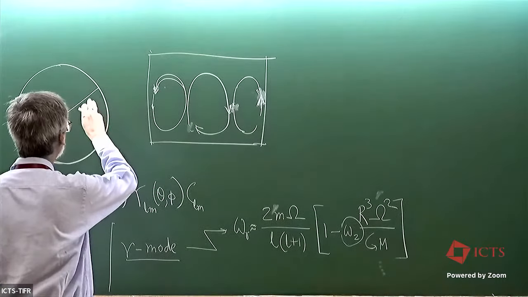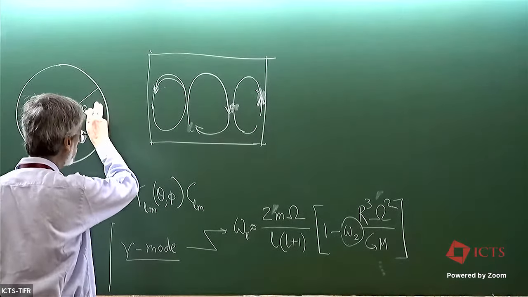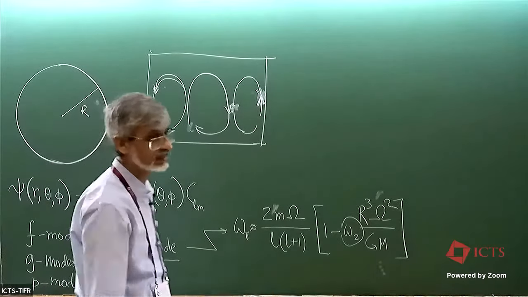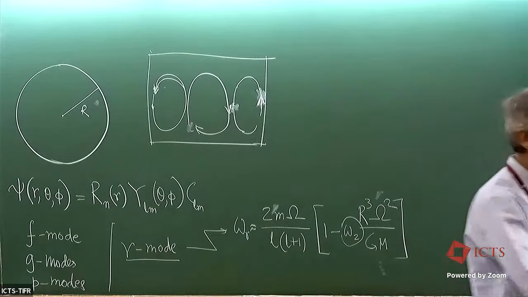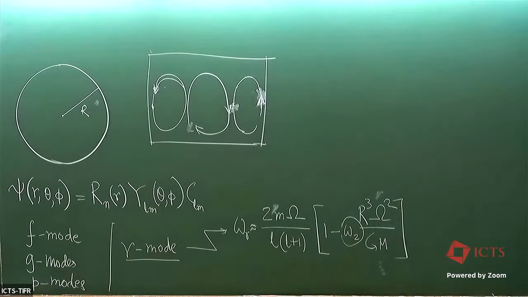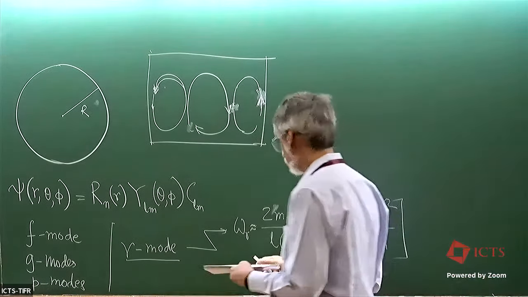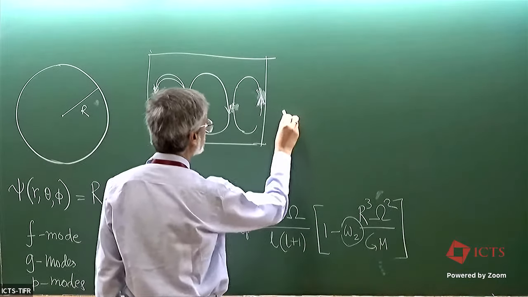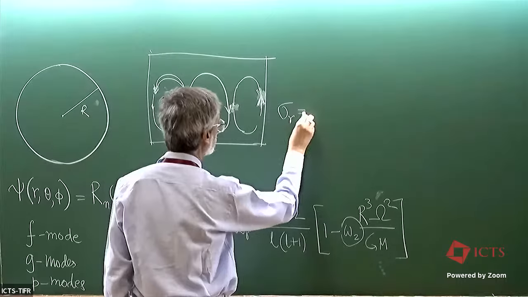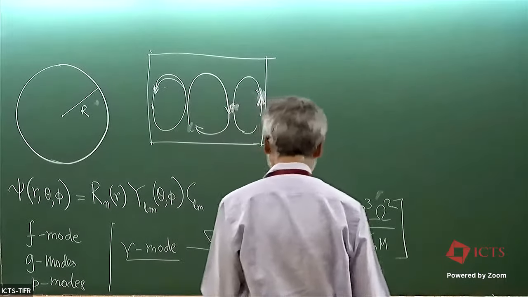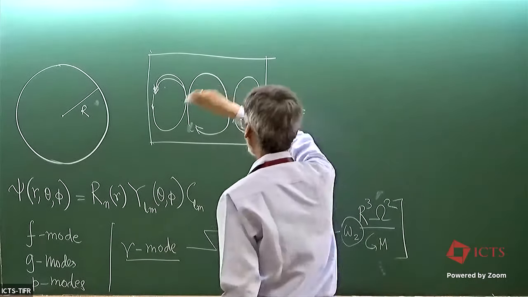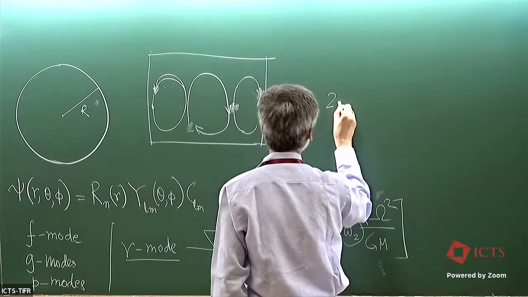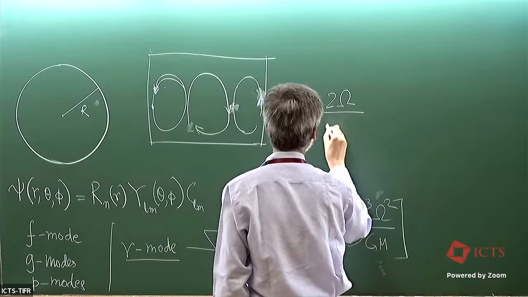If an observer who is co-rotating with the star looks at the motion of this pattern, the rotation speed that the observer will see is minus 2 omega.